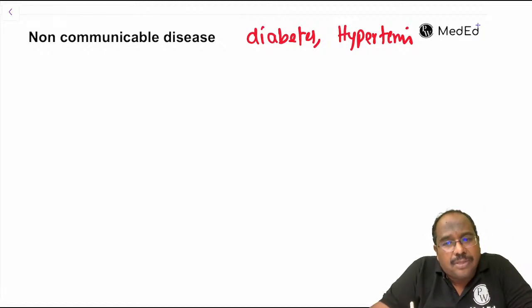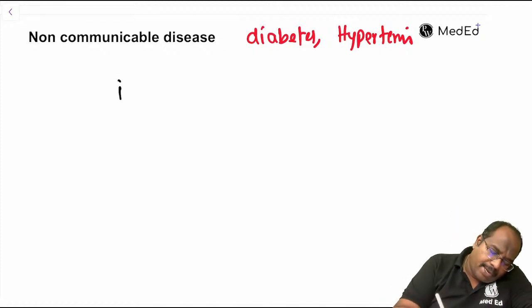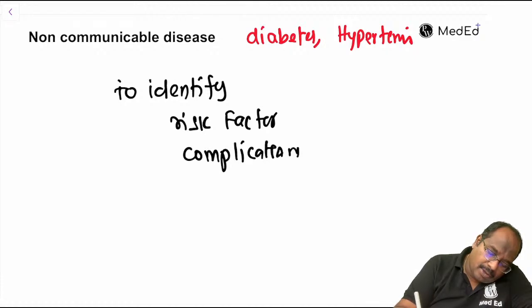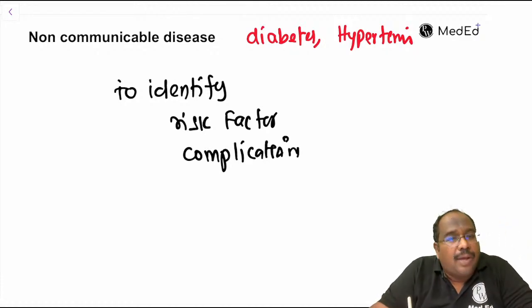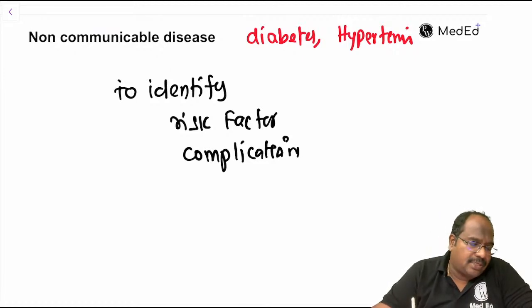Listen, the patient also knows they are having diabetes, and also knows they are having hypertension. So what is being expected from you is, the main objective is to identify what are the risk factors and what are the complications.